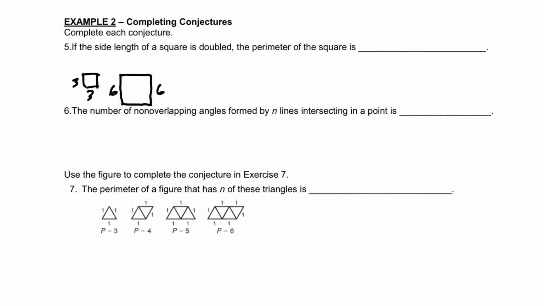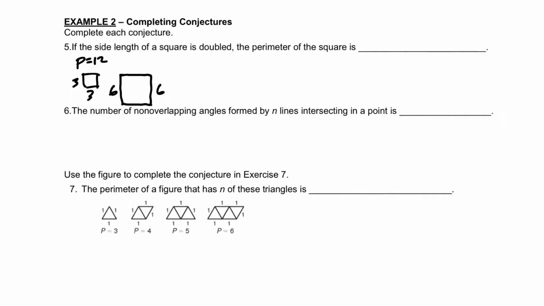All right, then you have to remember what perimeter is. So the perimeter of the first square, we add up all the sides. So it'll be 3, 3, 3, and 3. So that's going to give us a perimeter equal to 12. And then the side lengths on the second square after I doubled them are 6, 6, 6, and 6.